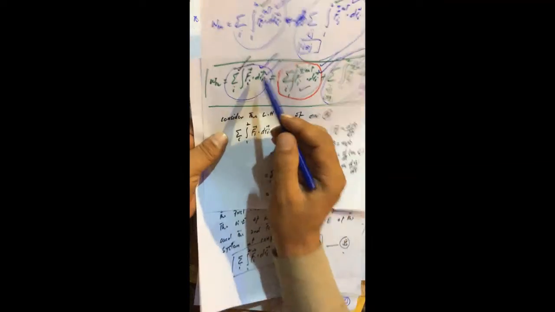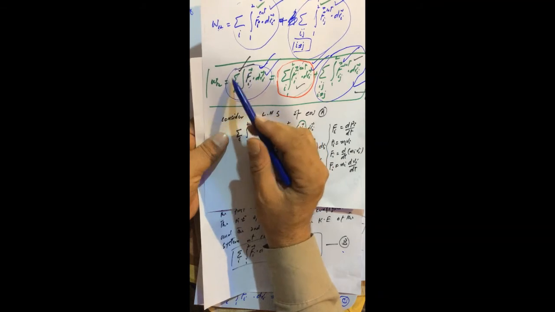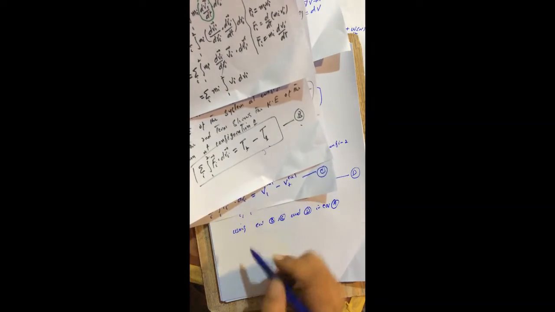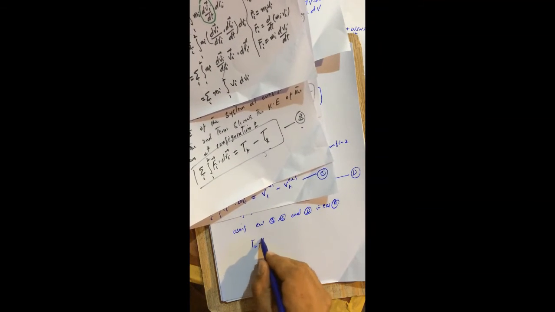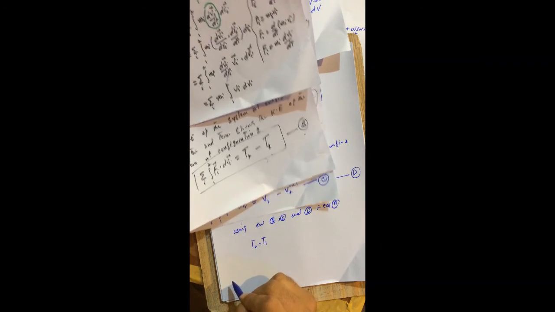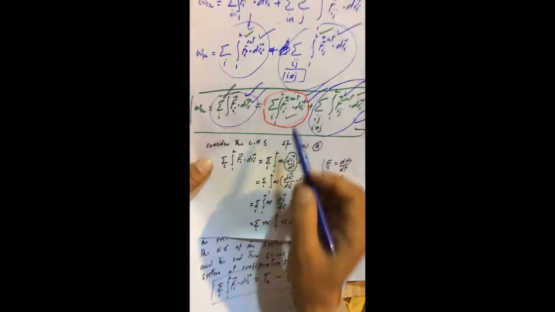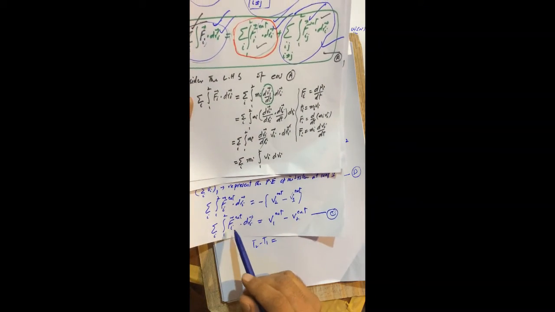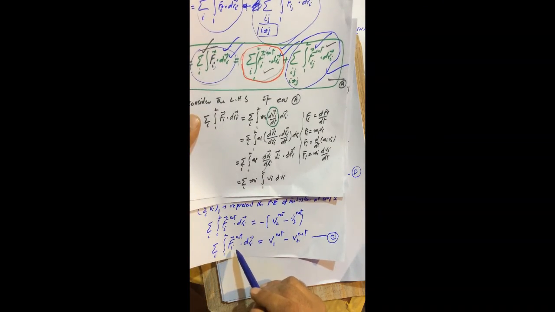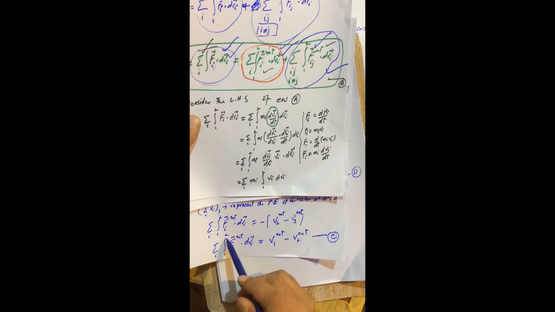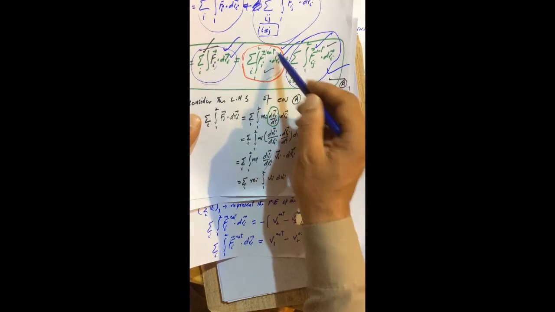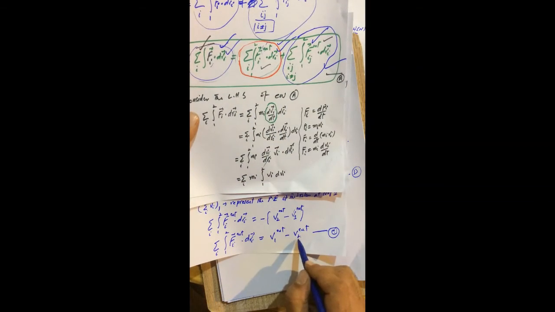Now equation A is this one. So this part is equal to this one, which is T2 minus T1. Okay, which is equal to, now this term is represented by this one. We have this F_i external dr_i with integral 1 to 2 with summation, which is equal to V1 external minus V2 external.